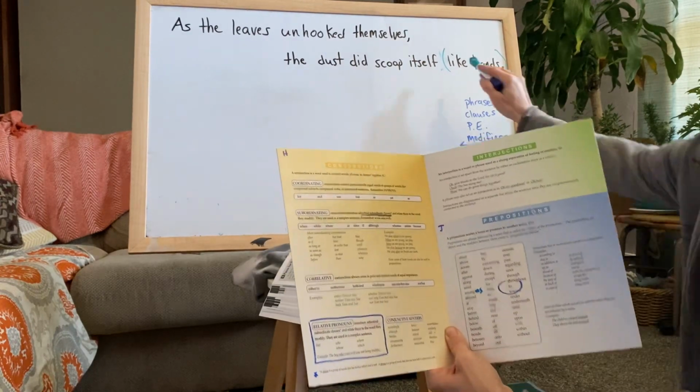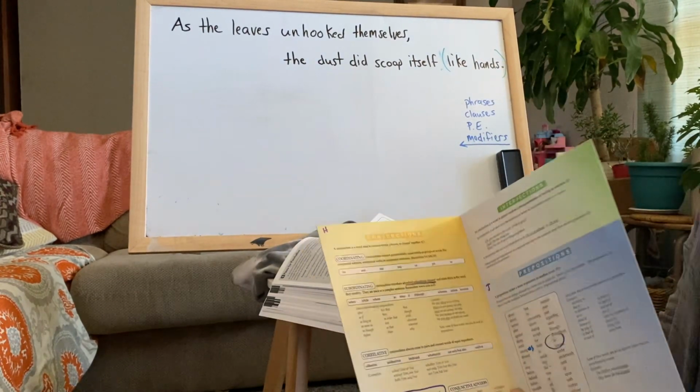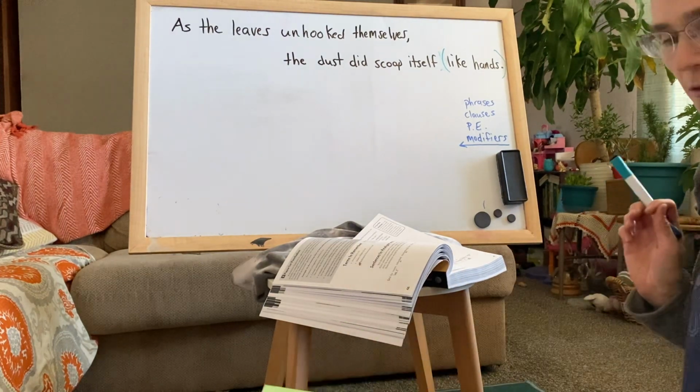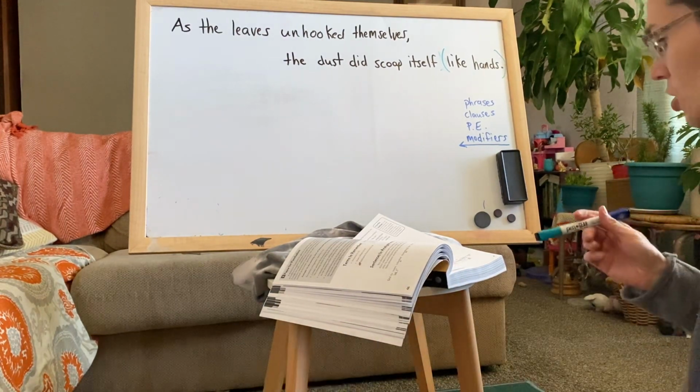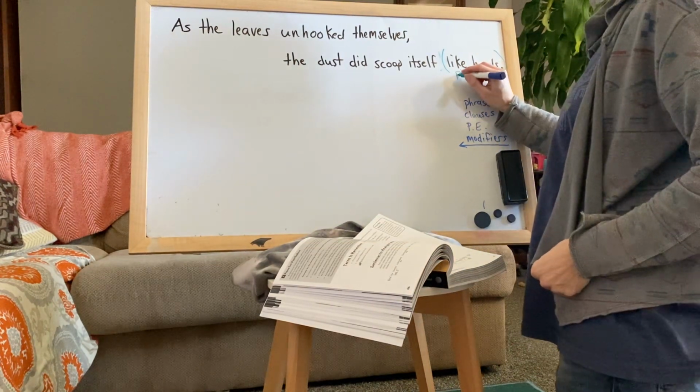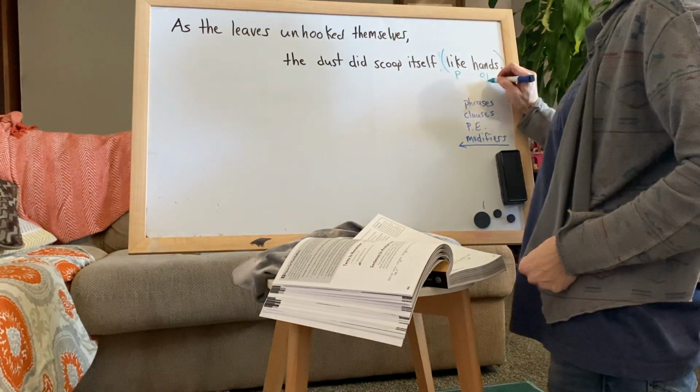Now, I would not have caught this one. The only reason why I knew it was a prepositional phrase is because it's in my book. I don't usually think of the word like as a preposition. So this is our preposition, and here's the object of the preposition, okay?